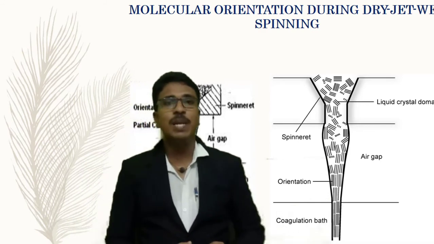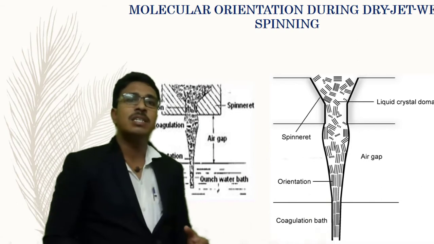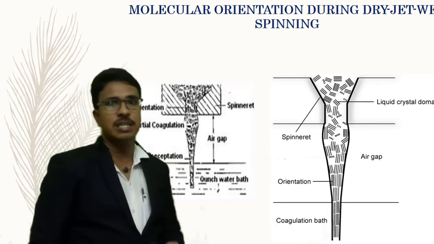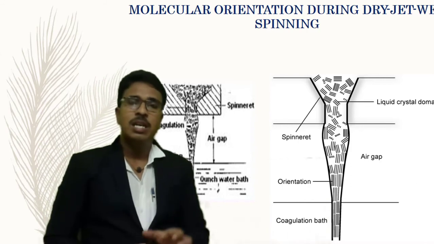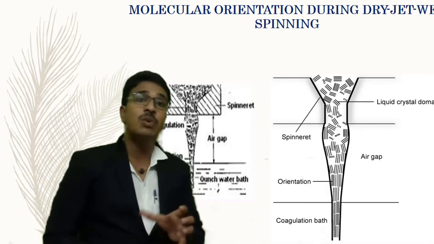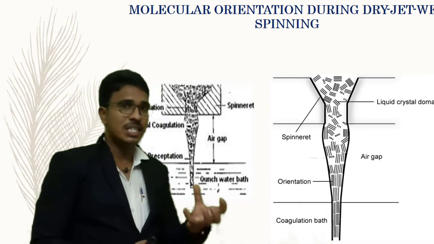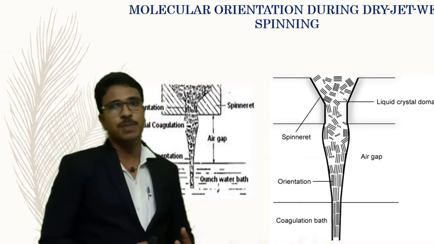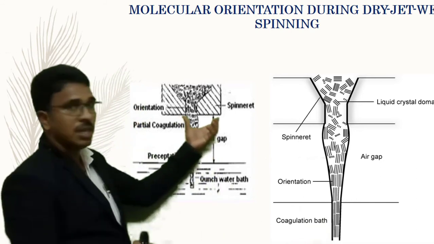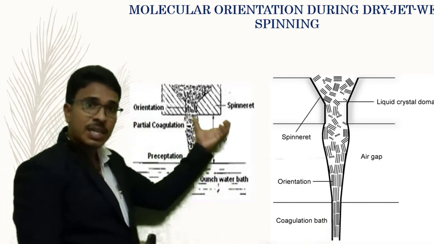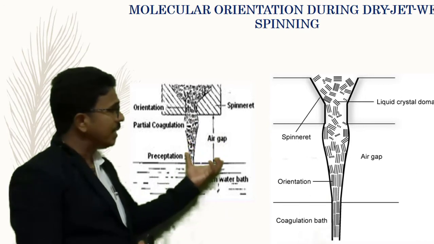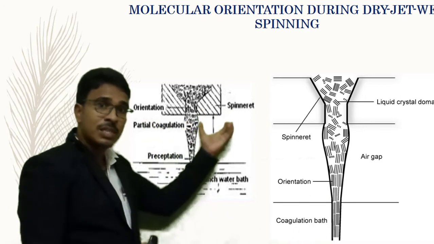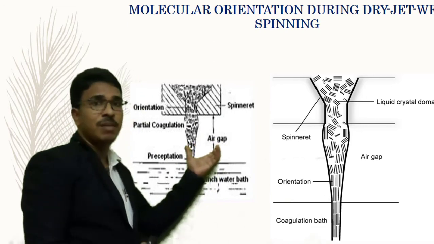Once again I will explain the molecular orientation, how it takes place in the filaments we produce in this dry jet wet spinning process. To understand this, you have to understand the concept of dry jet wet spinning, where we have a spinneret and we maintain an air gap, where with the help of heated gases we remove some part of the solvent from the filaments.